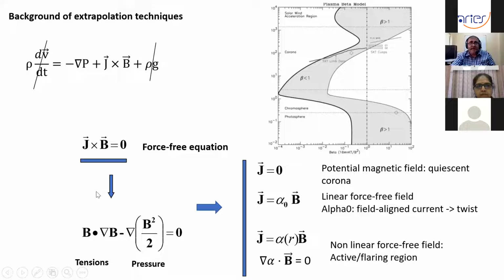Now, this term can also be written in two parts. One is the magnetic tension, which is the left hand side. The other looks like a pressure term because it is the gradient of B square by 2. This is called the magnetic pressure.